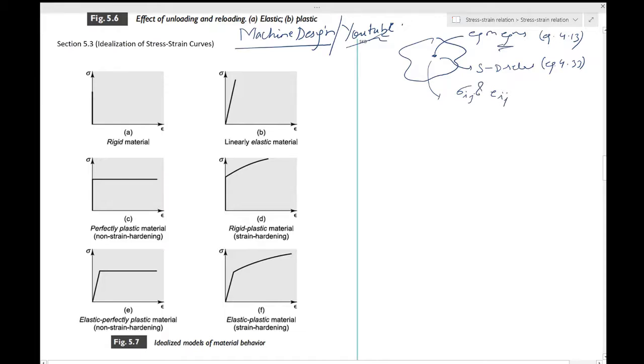You want to be able to write the equilibrium equations, which are in terms of stress, the strain displacement relations, the relationship between strain and displacements, and the relation between stress and strain at this point of interest.